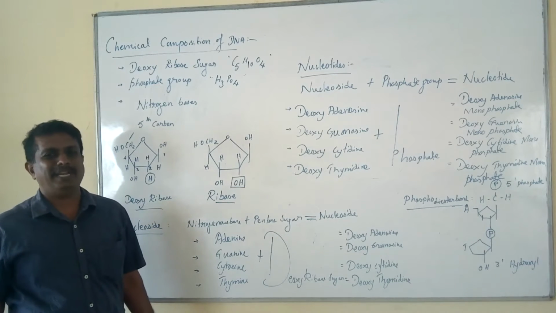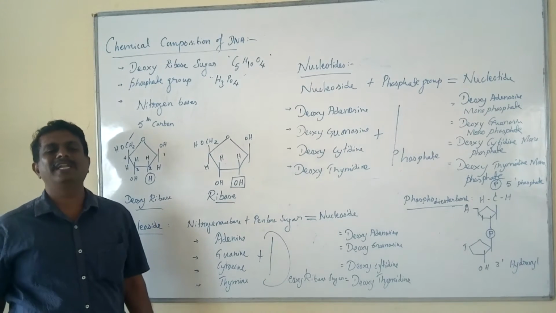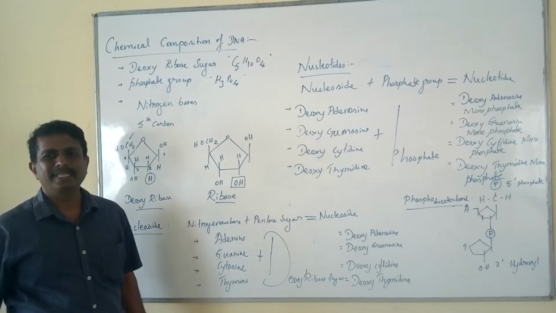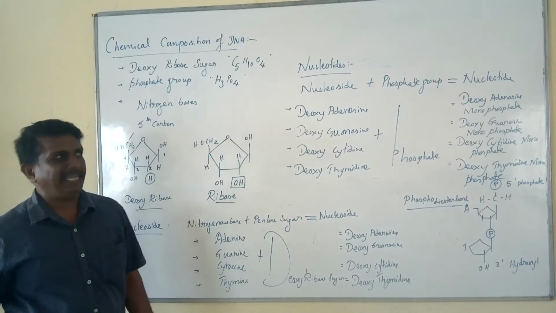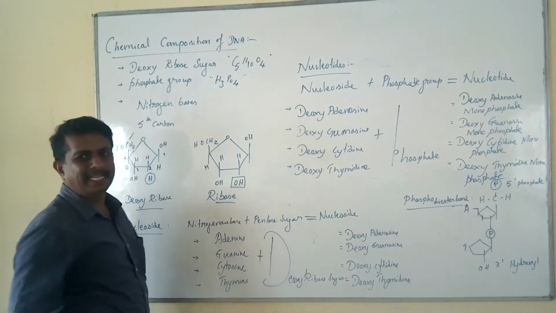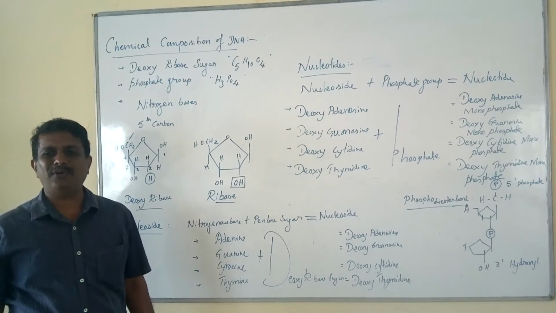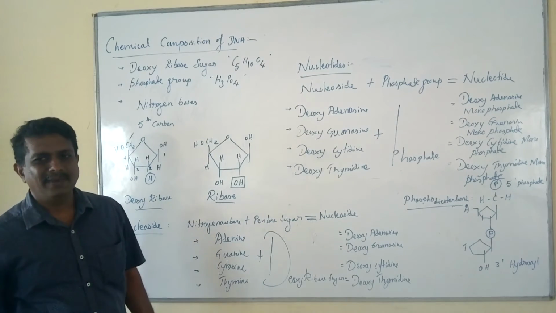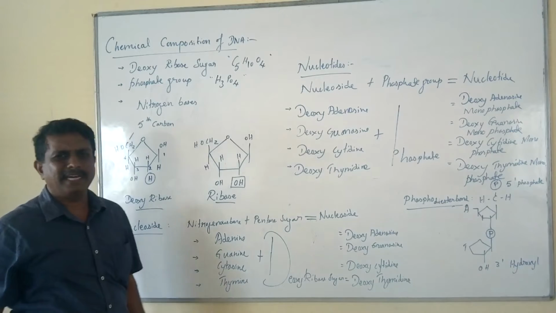The second important compound found in the DNA is called phosphate group. It is a derivative of phosphoric acid. Its chemical formula is H3PO4. It contains 1 phosphorus atom.